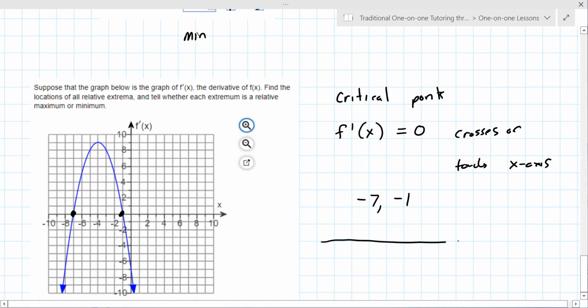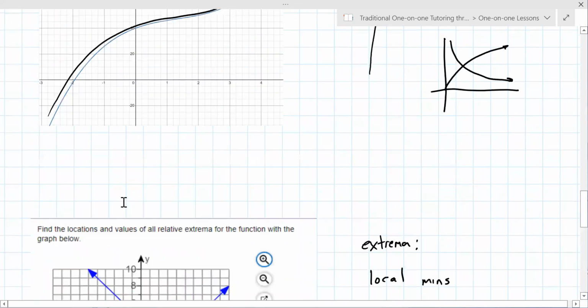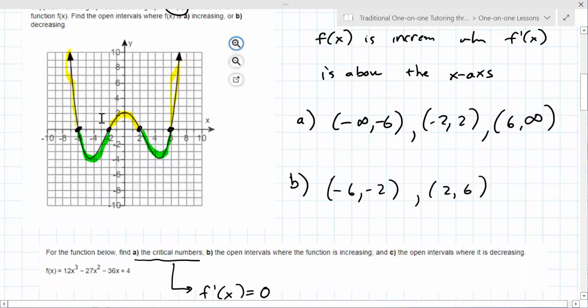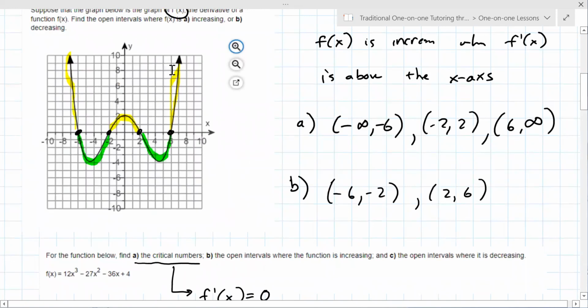So unfortunately, we do have to actually do one of these sign charts. So there's -7 and -1. These are the critical points. And I mentioned in an earlier problem, when you're looking at the derivative, let me go back and show you where that is. It's increasing when it's above the x-axis.